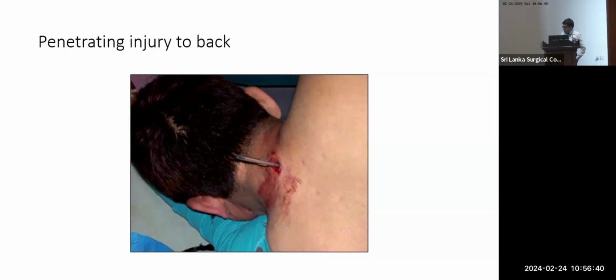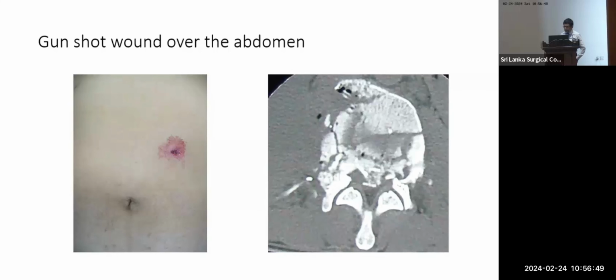Penetrating injuries to the back are obvious, no explanation is needed. But sometimes there are indirect things, like a gunshot injury over the abdomen. You can see the reflective effect of the bullet, and you can even see the artifact from the metal piece causing a shattered vertebral body.